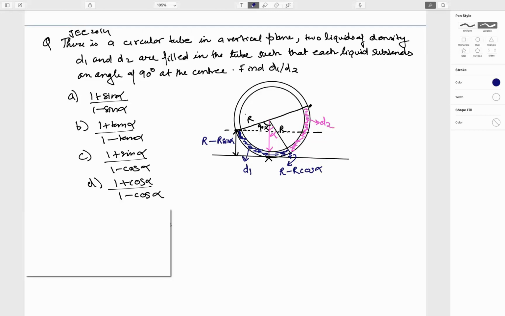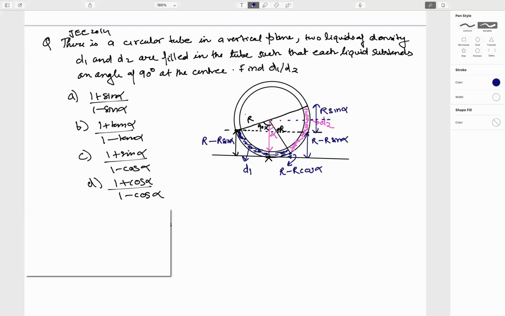For this fluid, we know this distance is nothing but R minus R sine alpha, and we need to calculate this distance, and that is nothing but R sine alpha. That is by geometry.